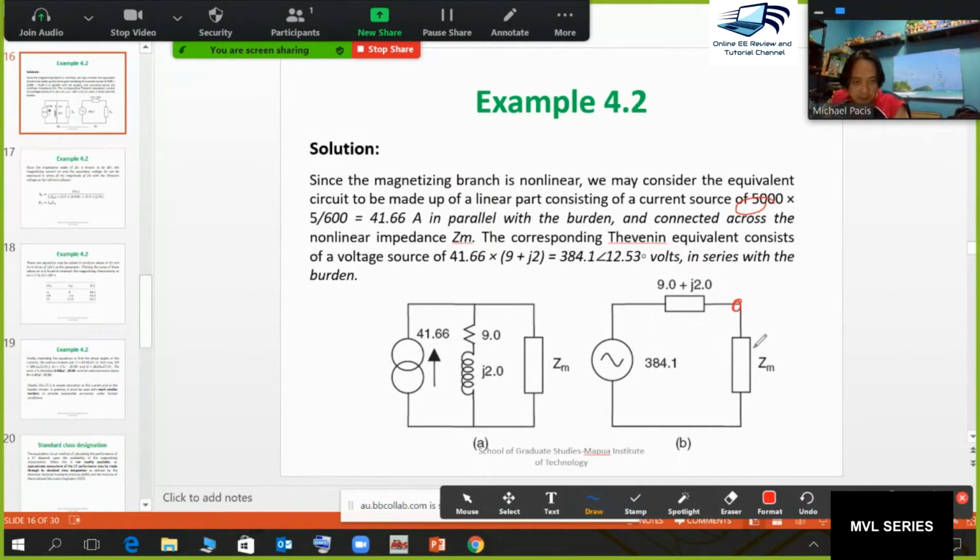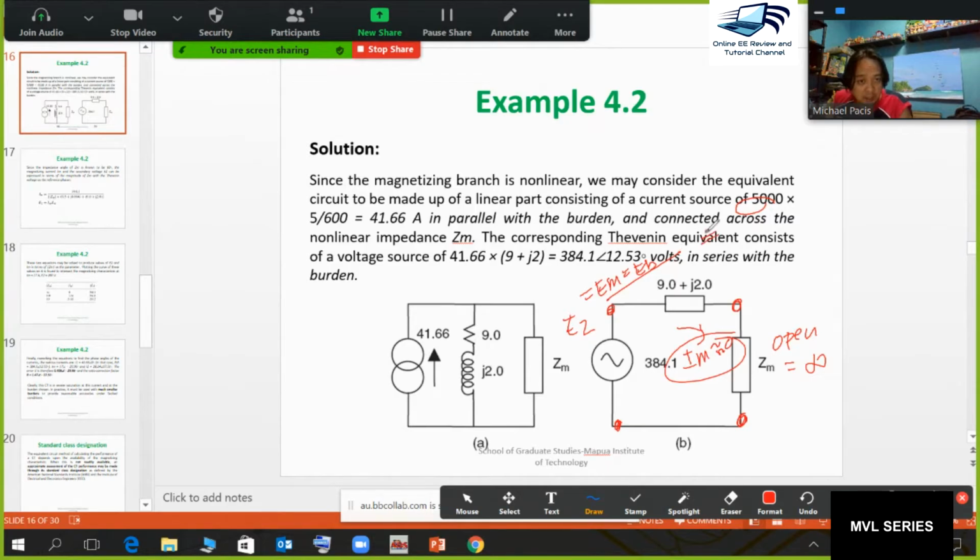We can explain this. This is open. If this is open, because it has a higher impedance, by 1 million, the current is obviously opposed by your ZM. Therefore, your current IM is approximately 0, right? But again, this E2 here, which is the voltage at the secondary side of the transformer, which is equal to EM, equal to EB, from what we have described a while ago, is not zero.